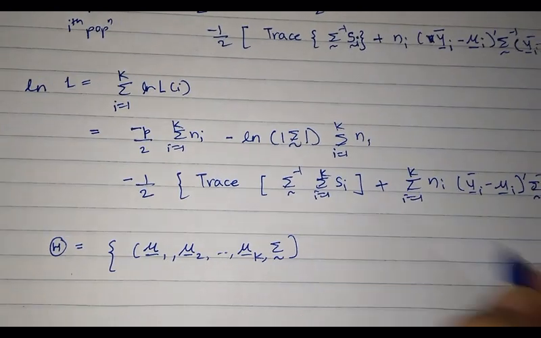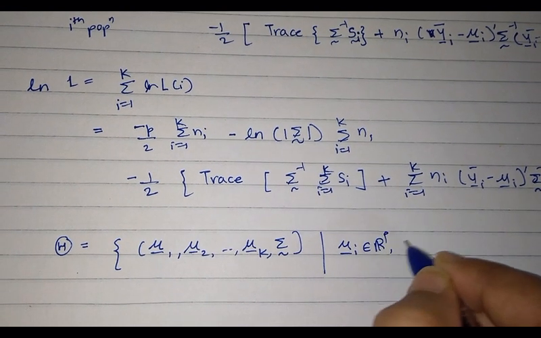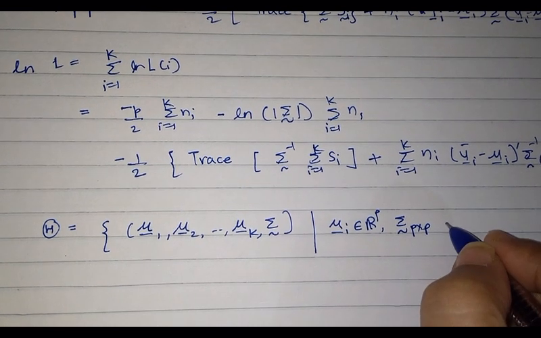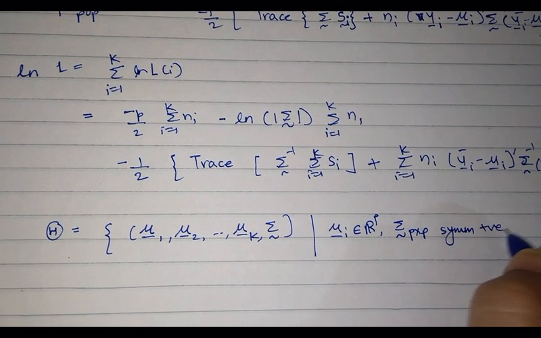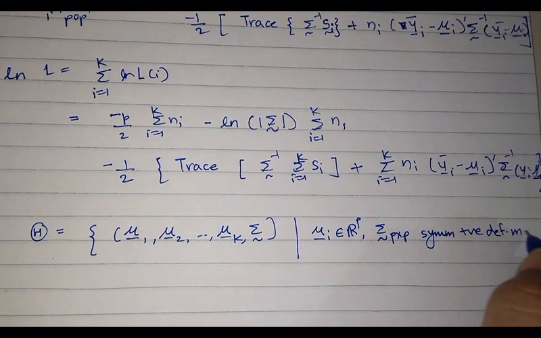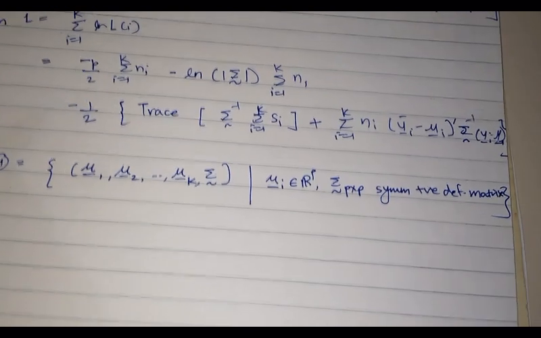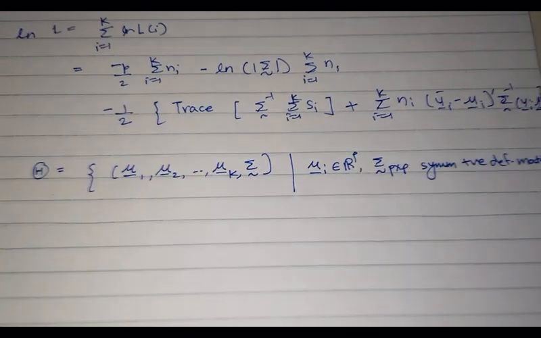Sigma we are assuming as common. So each mu_i belongs to R^p, and there is actually only one sigma, which is a p cross p symmetric positive definite matrix. Is it okay? This is my overall parameter space.